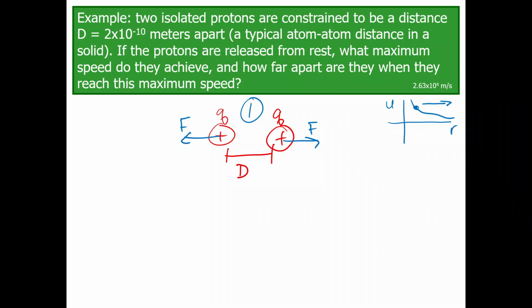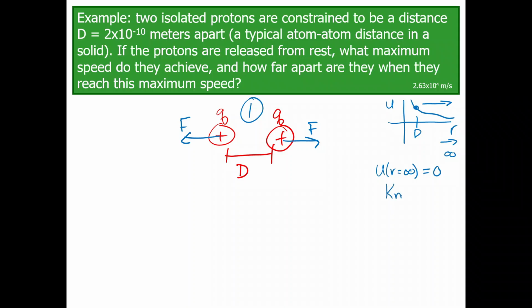So my potential energy can never actually reach zero, no matter how far apart these are. So we're starting here at r equals d. Okay, that's their initial separation distance, d. And then we need to go until their separation distance r is infinity. So we want to go towards infinity. And what we're going to assume is that U of r equals infinity is going to be 0.